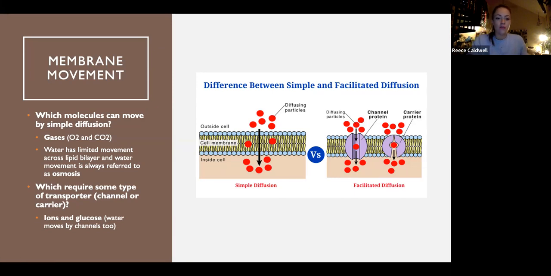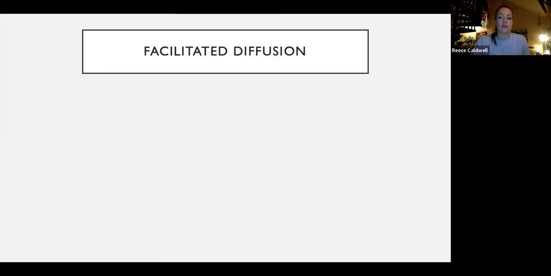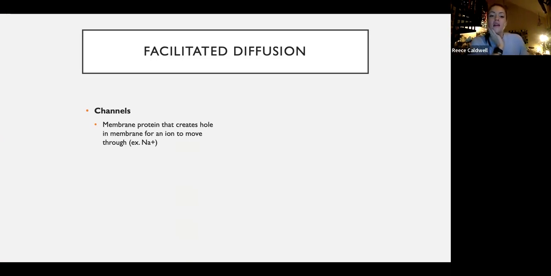All right, so let's look more closely at those two transporters, the carriers and the channels. Carriers and channels are a type of facilitated diffusion. They don't necessarily require energy, but they require some form of channel or carrier. They aren't dealing with active transport because we're still moving from high to low.